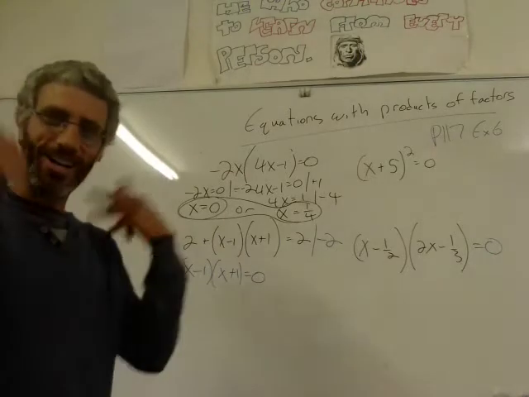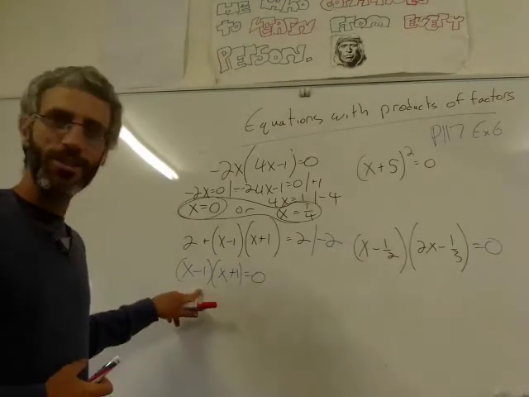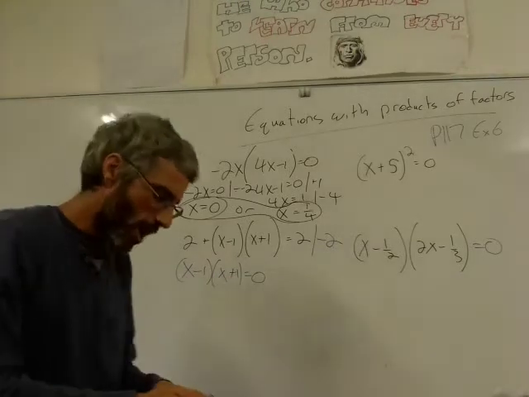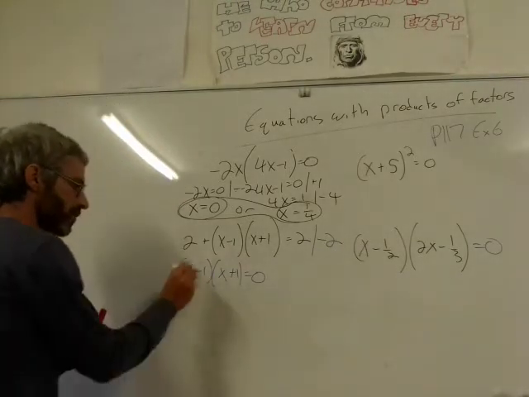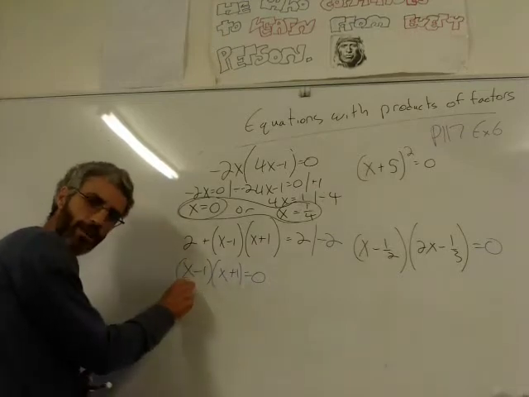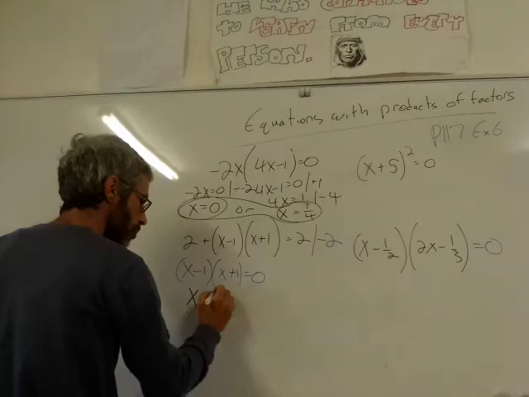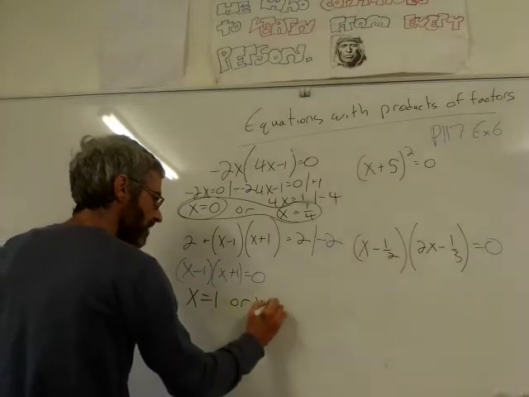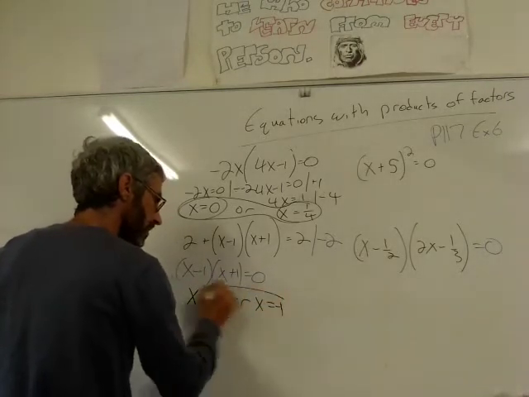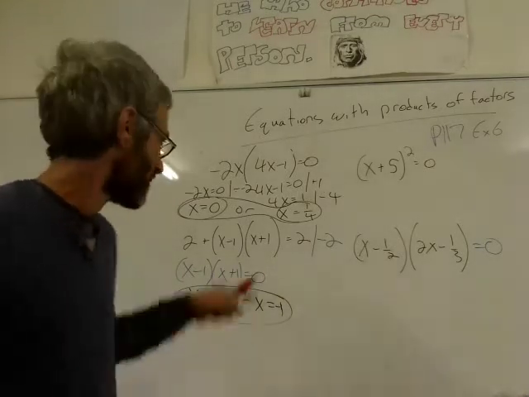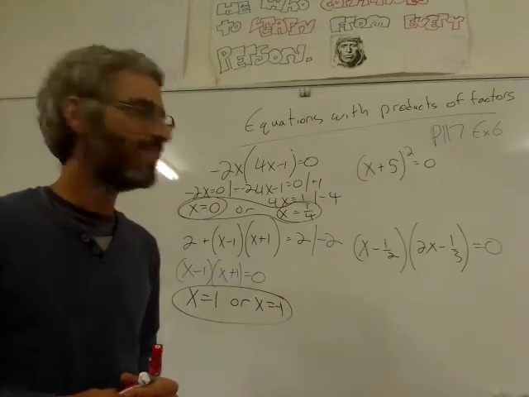And now I've got what I wanted, multiplication of 2 brackets equals 0. And now I can very easily say, yes, for this to be 0, either x minus 1 equals 0 or x plus 1 equals 0. In other words, x equals 1 or x equals minus 1. So it turned out those were the solutions, but we couldn't do it straight away. We have to get rid of that 2 there.